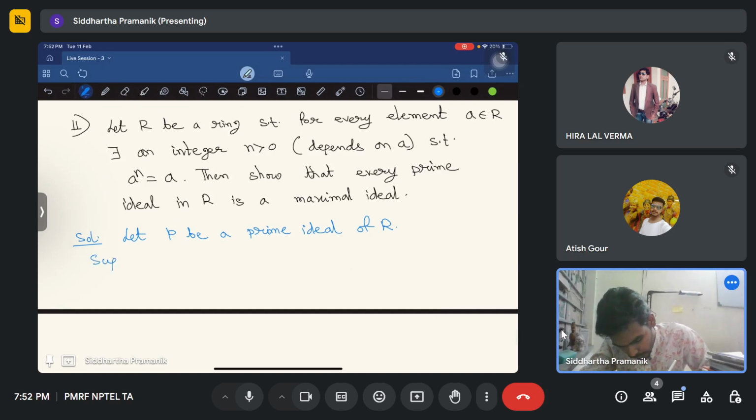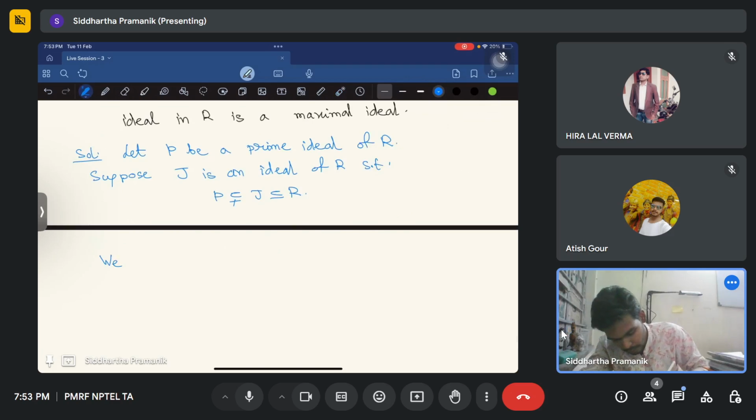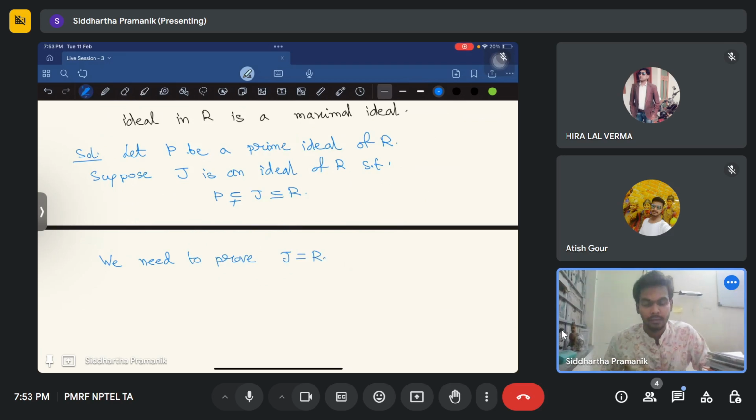Now suppose J is an ideal of R such that P is a proper subset of J and J is contained in R. So to prove P is maximal, we need to prove J equals R. So this is by the definition of maximal ideal.